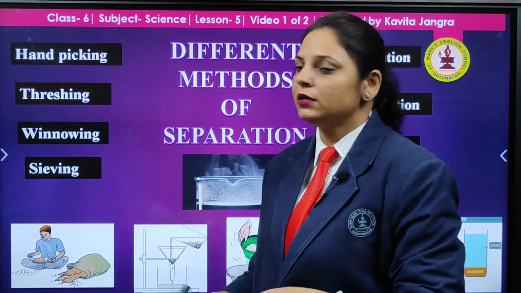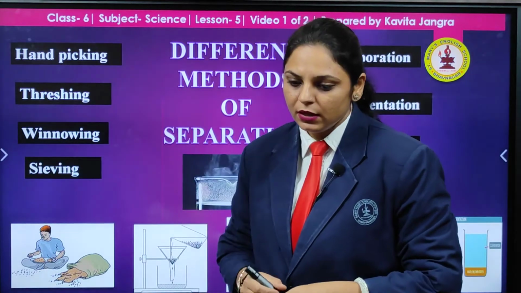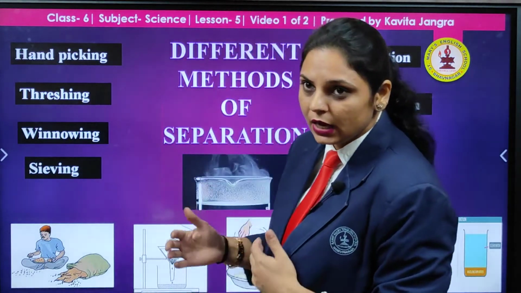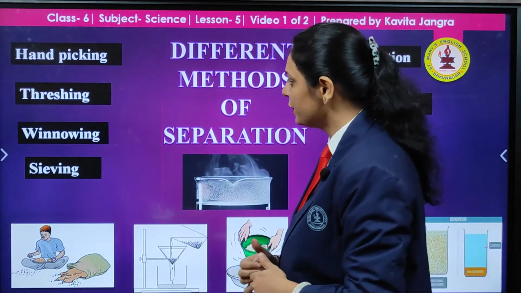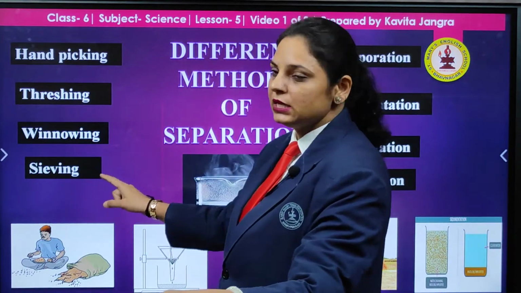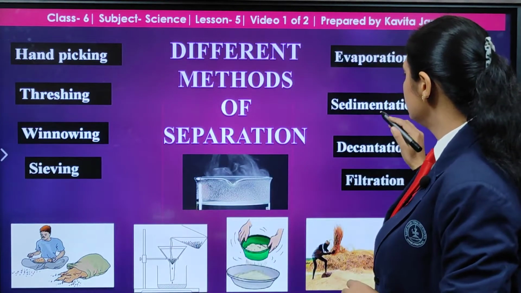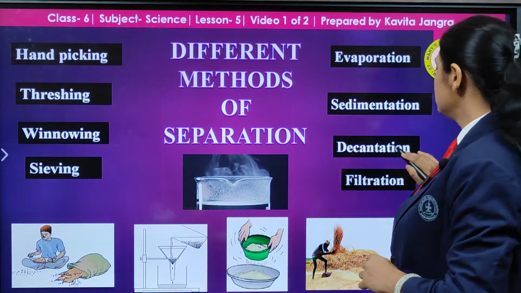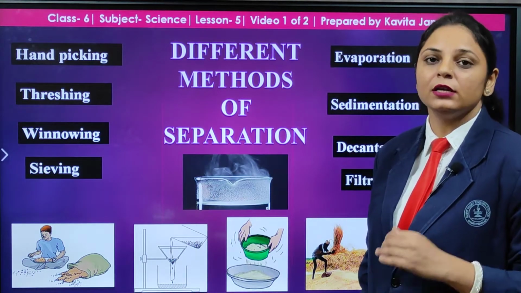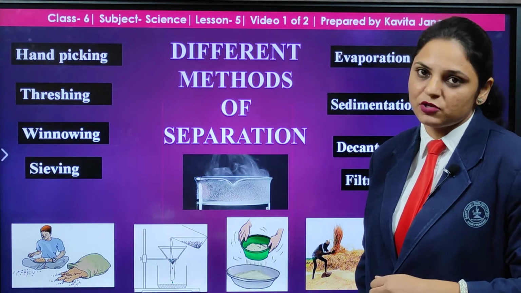One is the hand picking method. In my previous video, I showed you the hand picking method, and right now I will show you again. Next is threshing, then winnowing, sieving, evaporation, sedimentation, decantation and filtration. These are the different methods to separate substances.